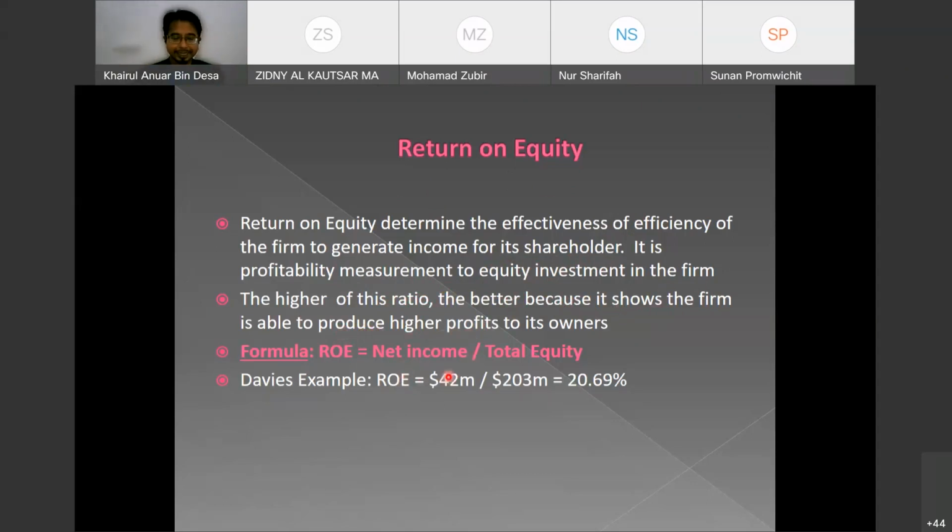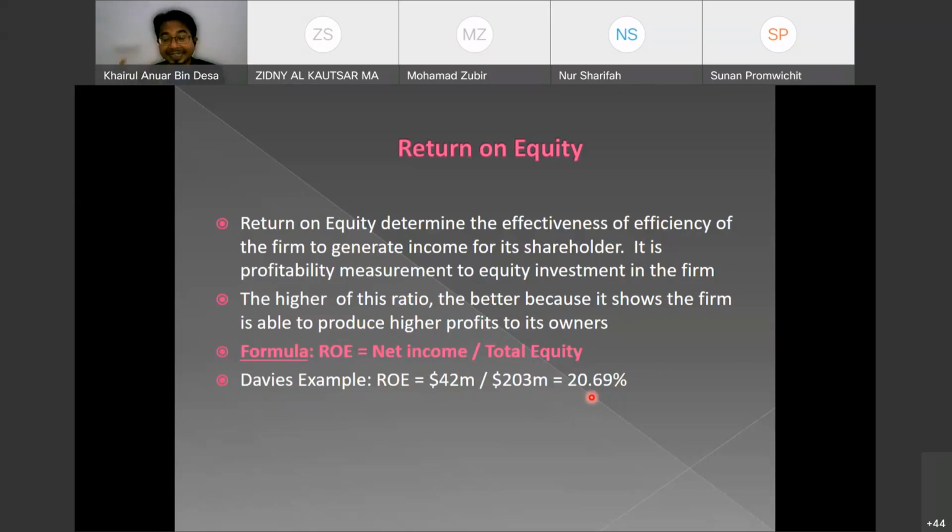How to calculate: net income over total equity. So here you can see 20.69%. So setiap seringgit, every single dollar invested by the shareholders, they will enjoy 20 cent return.